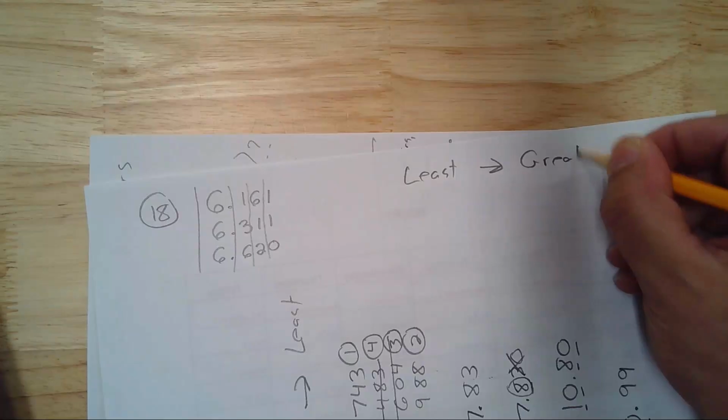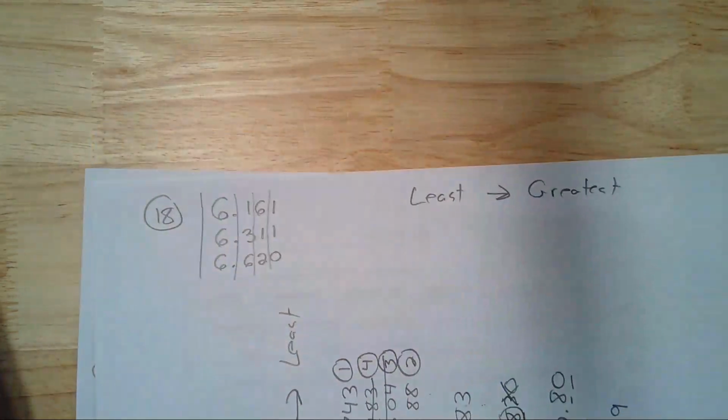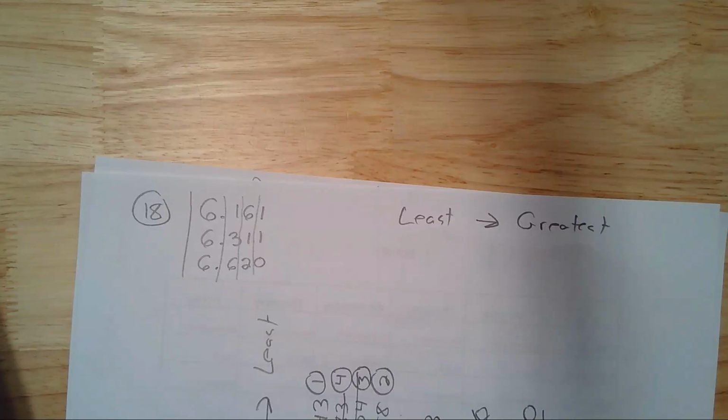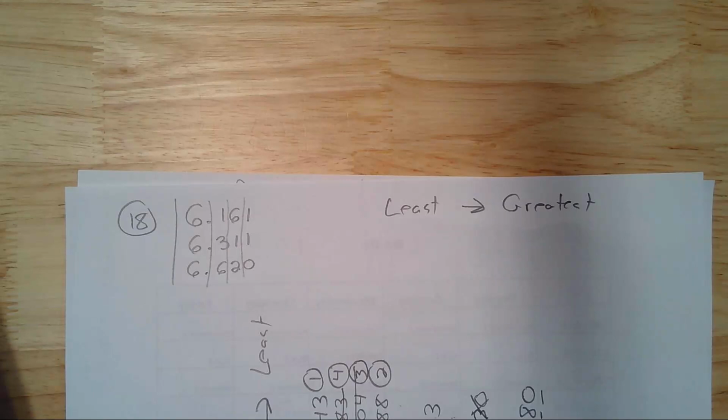So on your own, take a moment, ponder, consider, mull it over. Which place value is going to pretty much have everything I need to know here?